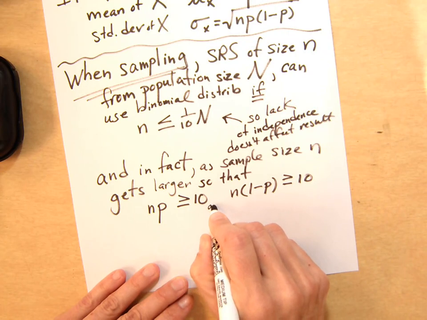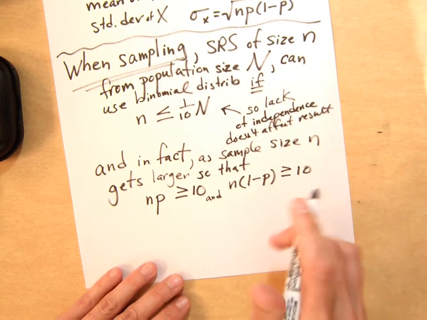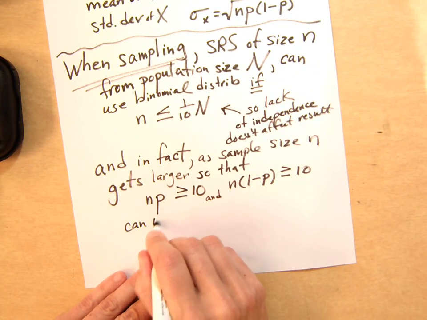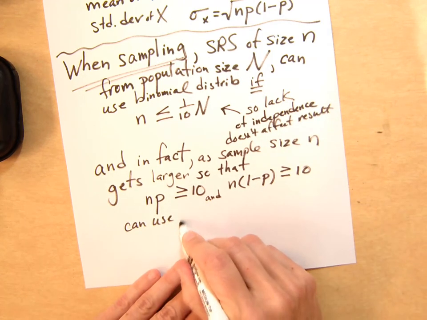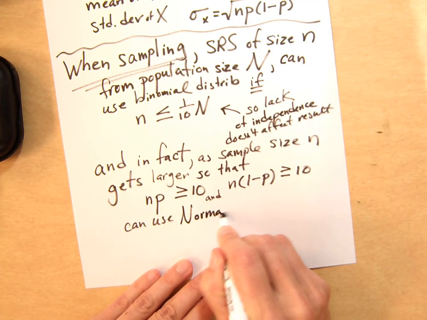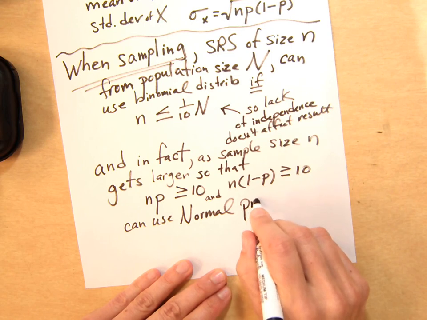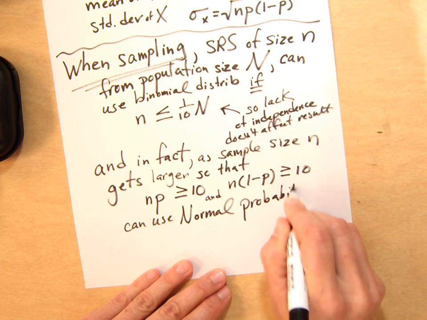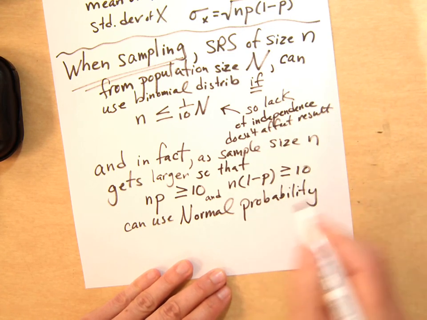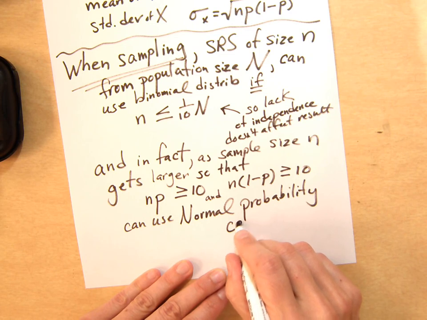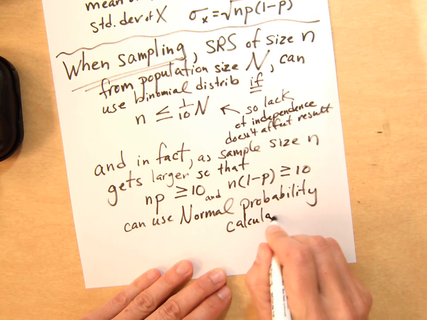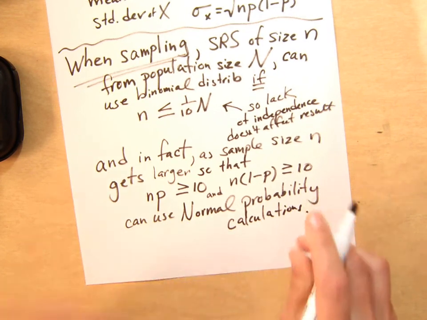If those two conditions are true, then you can use our normal probability calculations. I will explain both of these in just a second. We can use normal CDF to do our calculations.